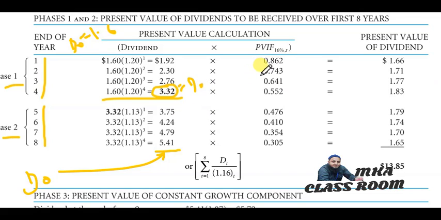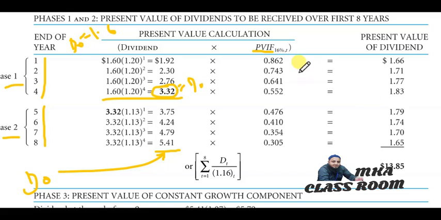Now the present value of this dividend value, we put down PVIF from our present value table at 16%, that is our required rate of return. Then we can easily find the values for years 1, 2, 3, 4, 6 and 8.